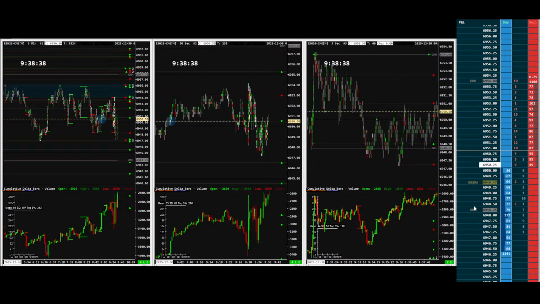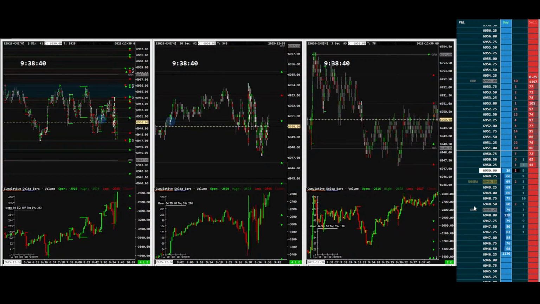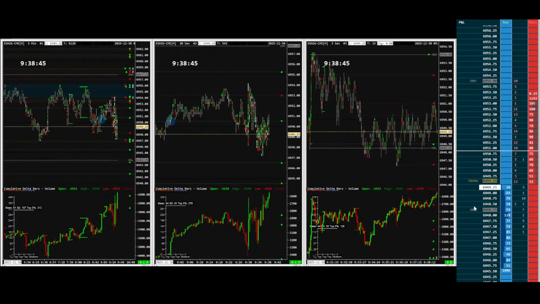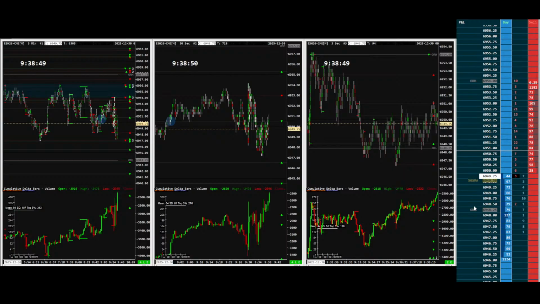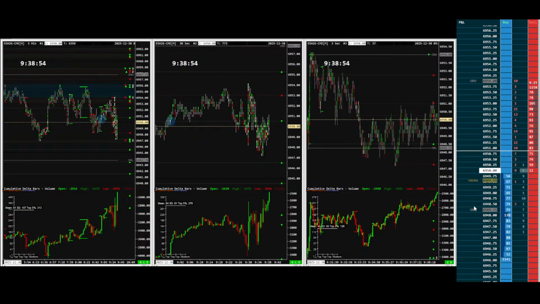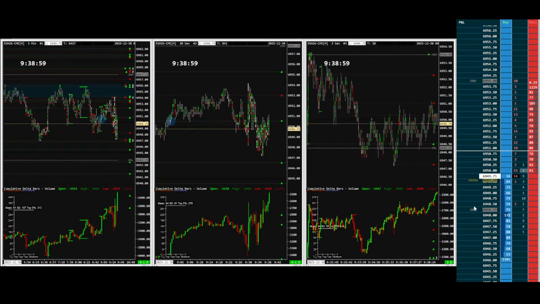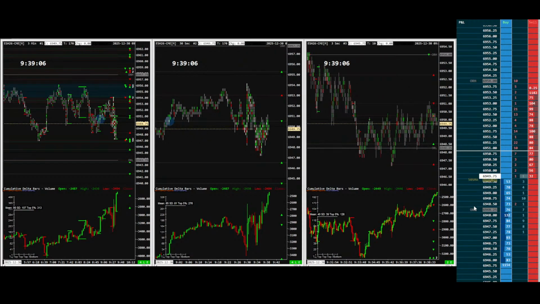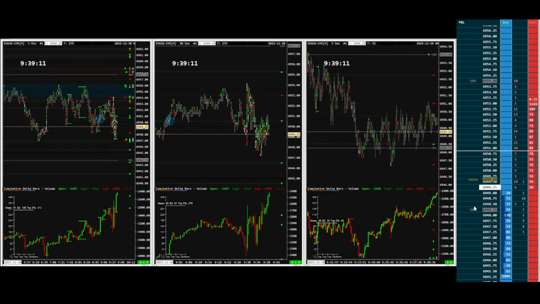50-75 pulse check. I would take this shimmy back, 50-25. It would instantly go against me about 6 ticks. This would be tough to hold.